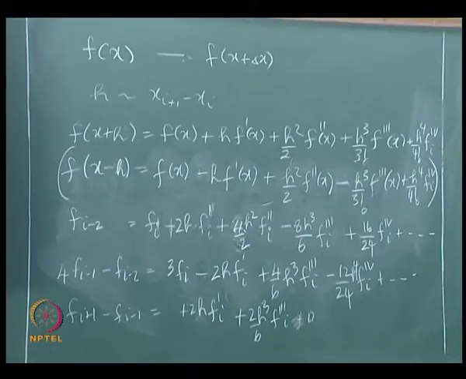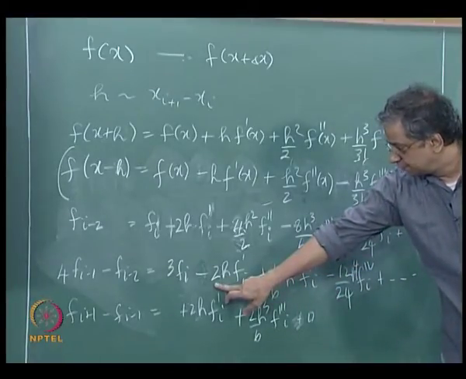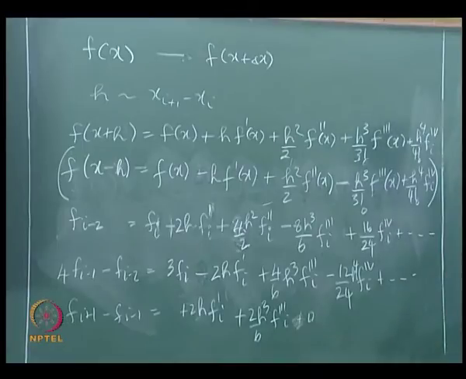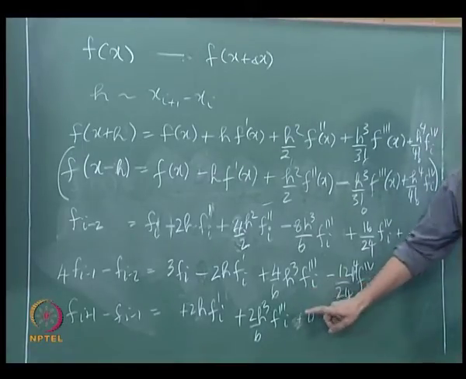What does this give me? What do I want to do now? I have a 2h f prime at i here which I want to retain, but I have a third derivative term here that I want to eliminate.